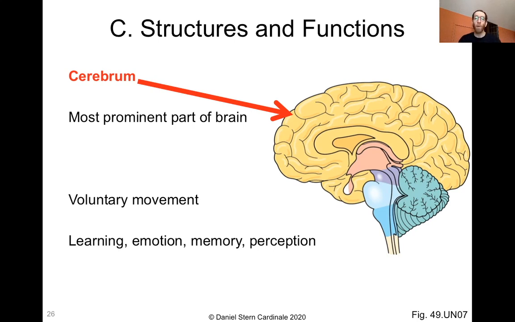Don't worry about it for Gen Bio. I just want you to get the big idea that this part of the brain is involved in a lot of higher order things like emotion and also things like planning and problem solving, in particular this frontal part. You don't need to know that. But this big frontal lobe is what really sets humans apart from everybody else. That's where we do things like problem solving and planning.